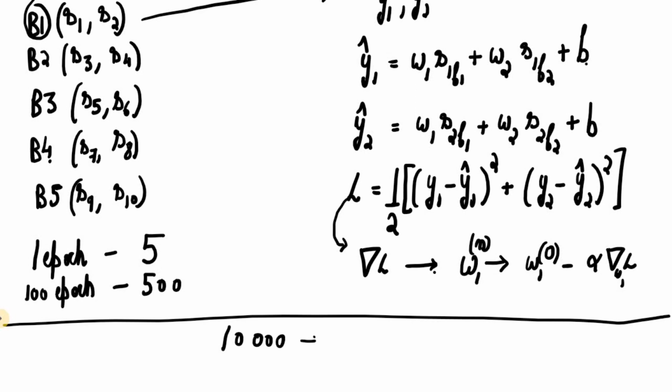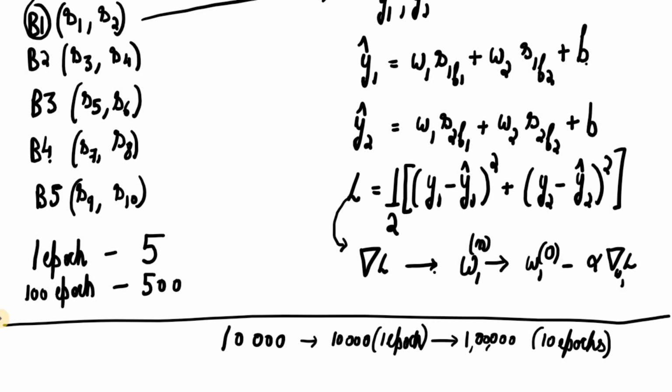So we end up with around 10,000 updates in one epoch. Let's say we consider only 10 epochs over here. Yeah, that's it. Not even more than that. We just considered 10 epochs and we were able to update the model 1 lakh times.